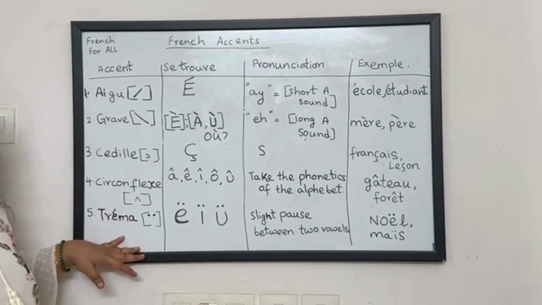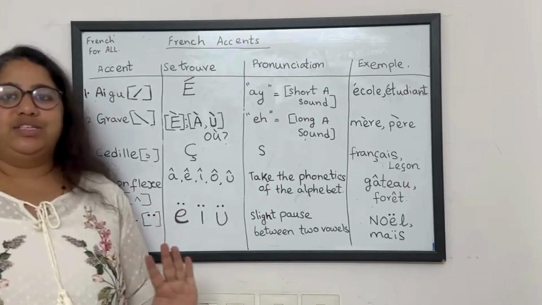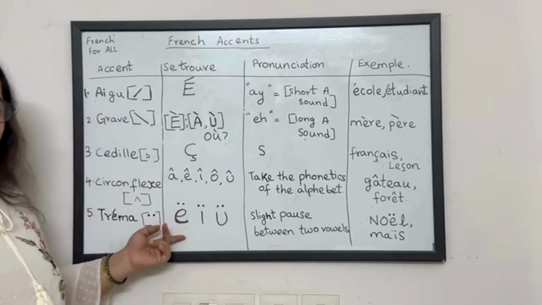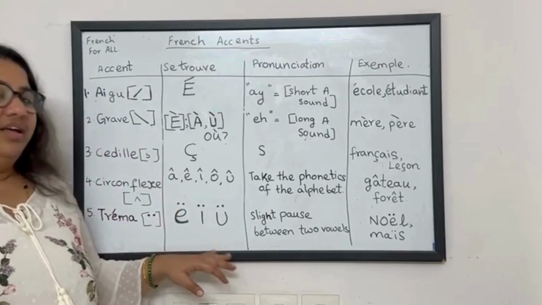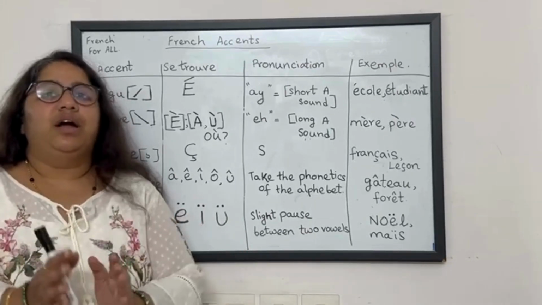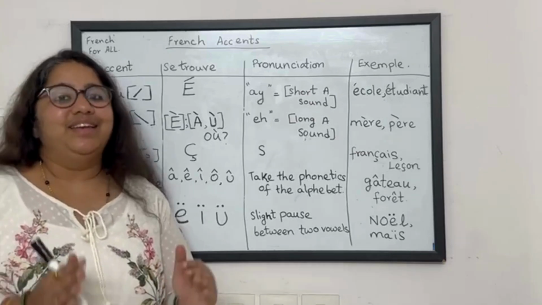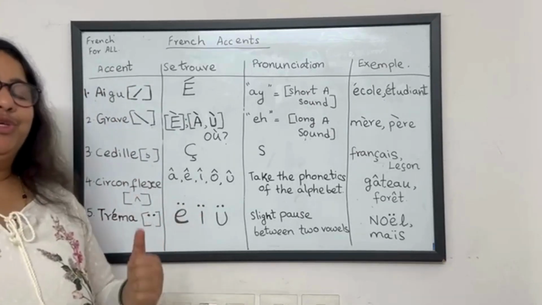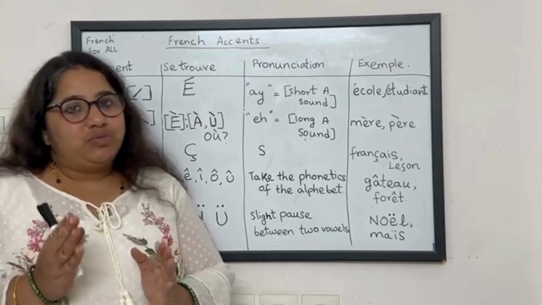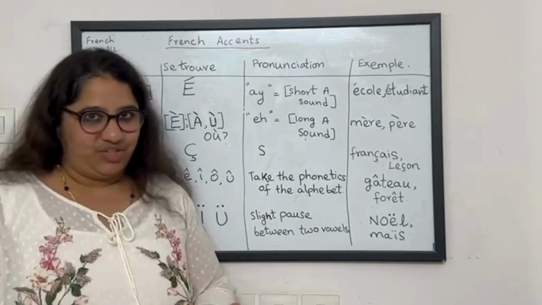Let's go to the final accent, that is tréma. Tréma are like two dots appearing on the letter E, I and U alone. Is that clear? And this appears when there are two vowels coming adjacent to each other in a word. In that circumstance, you need to give a slight pause between the two vowels to pronounce such words.